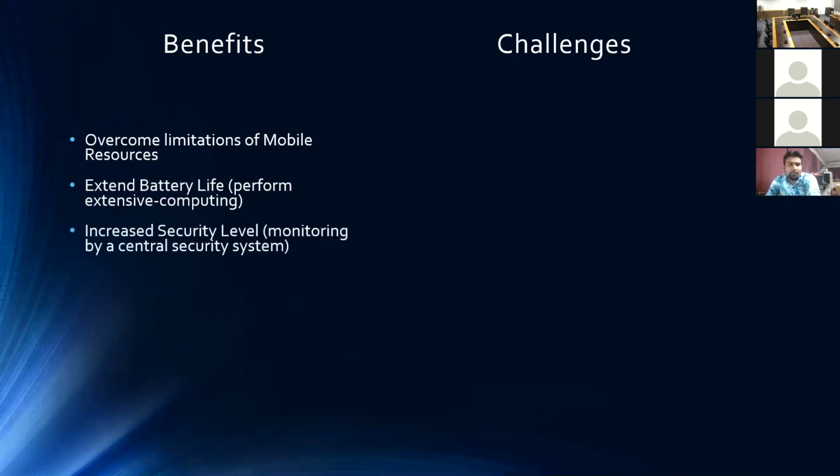Increased security level is a bit confusing; what I'm trying to say is monitoring by a central security system. It's also a breakthrough for mobile commerce and mobile learning, which are the latest trending things in mobile technologies. There are many other benefits, and I've got them from the articles that I've used.